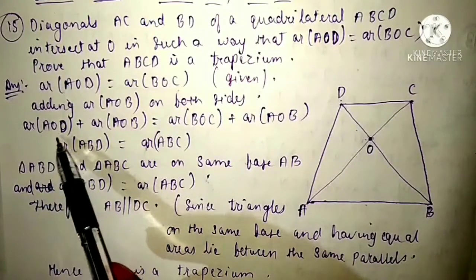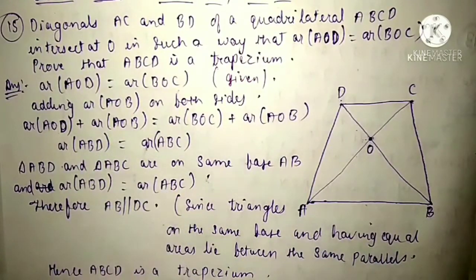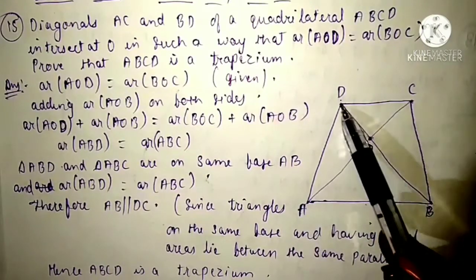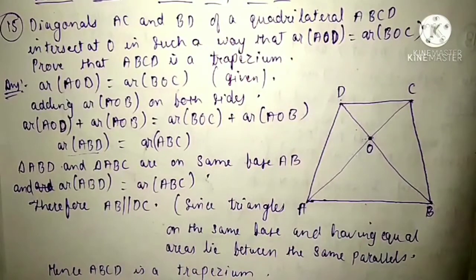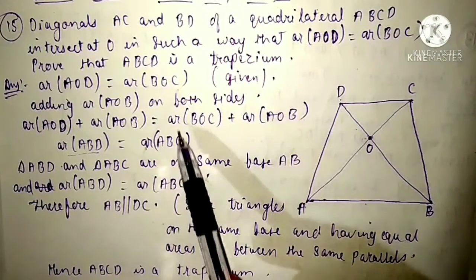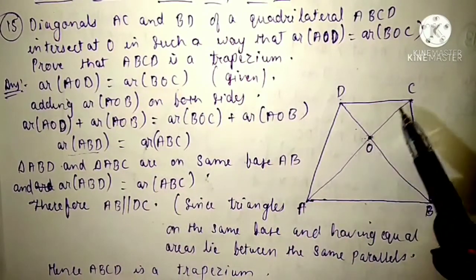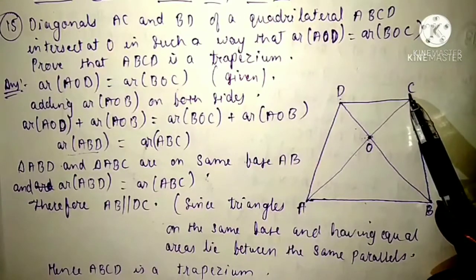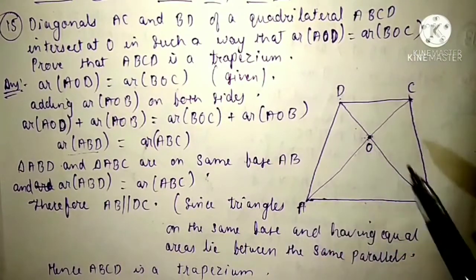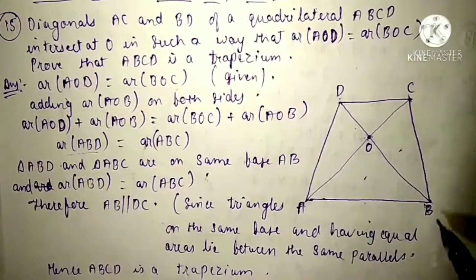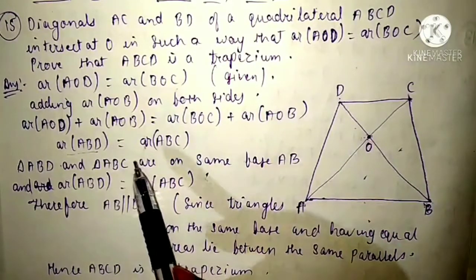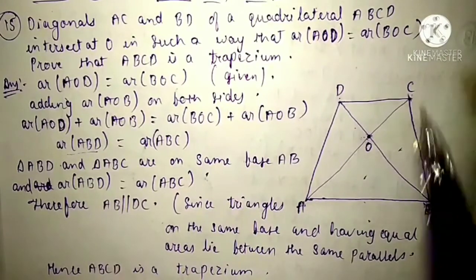So area of AOD plus area of AOB is equal to area of ABD. So in LHS area of ABD will come. Then in RHS area of BOC plus area of AOB, that means these two, so this full triangle will be formed. So this will be equal to area of ABC.